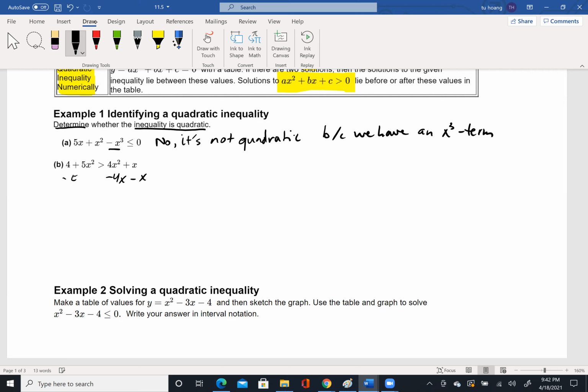I do that, right? So I have 5x squared minus 4x squared will be x squared, and then minus x and plus 4, which is greater than 0.